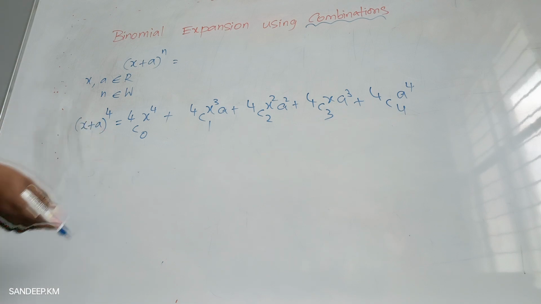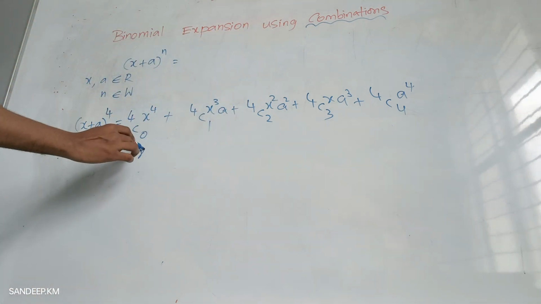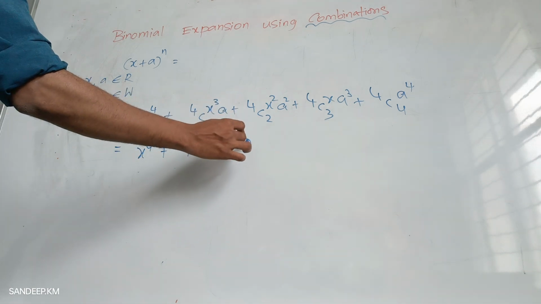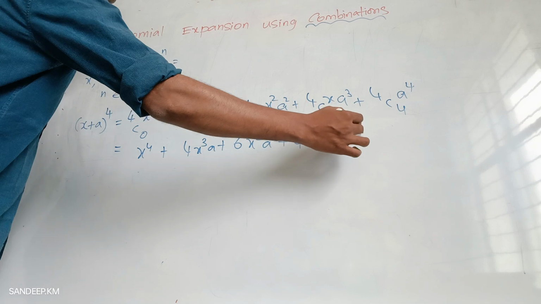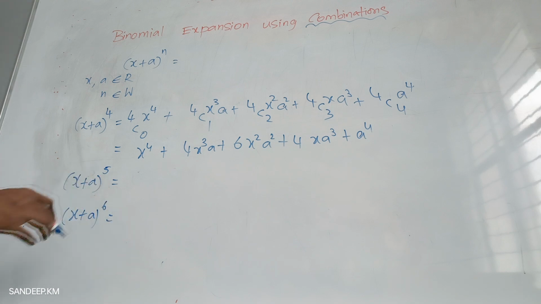And then write the values of 4c0, 4c1, 4c2, 4c3 and 4c4. 4c0 is 1, 4c1 is 4, 4c2 is 6, 4c3 is again 4 and 4c4 is 1. So this is the expansion of x plus a whole power 4. Similarly, you write down x plus a whole power 5 expansion and x plus a whole power 6 expansion for your practice.